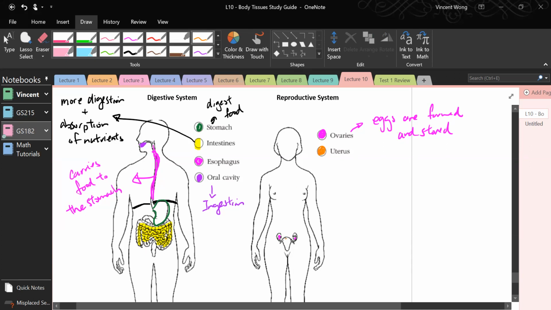The uterus is right here. What's the uterus for? That's where the baby grows, the fetus.